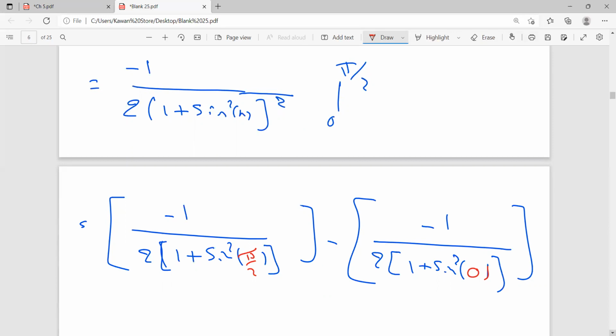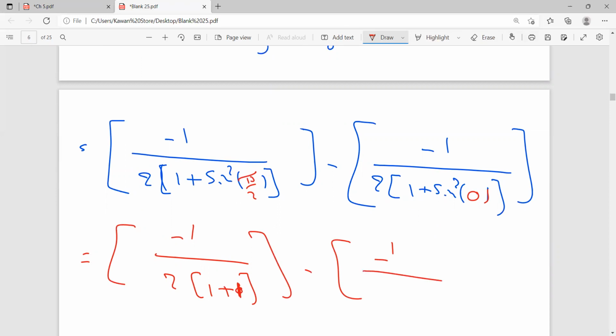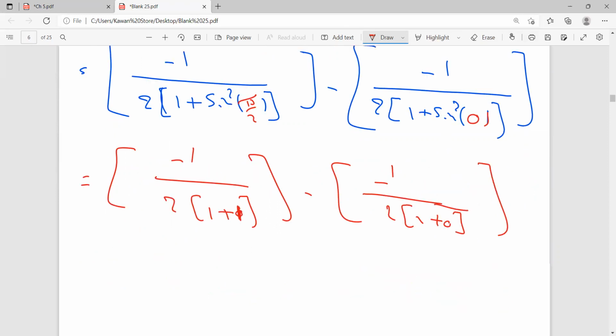Pi over 2 is equal to what? So minus 1, 2, 1 plus 1, right? All right. Again, minus 1, 2, 1 plus 0. Am I right? That one will be minus 1 over 4 plus 1 over 2, and equal to 1 over 2.